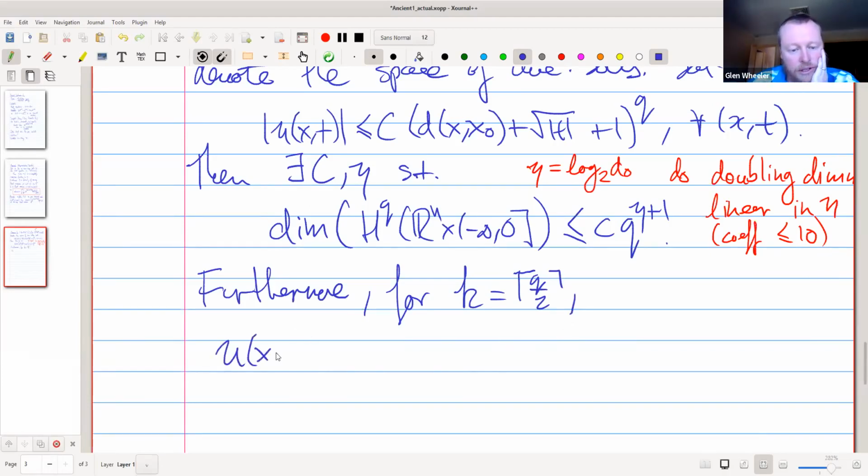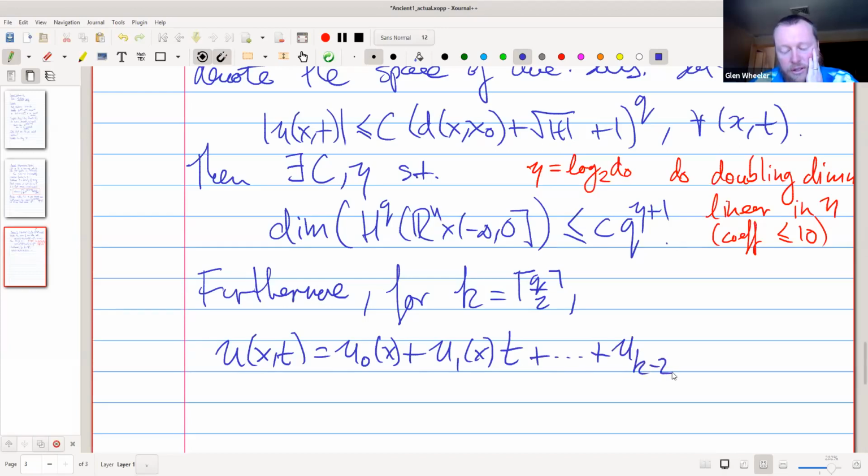U of x and t equals u0 of x plus u1 of x multiplied by t, and so on. You get a whole bunch of these guys, t to the k minus 2 plus u k minus 1 x t to the k minus 1.